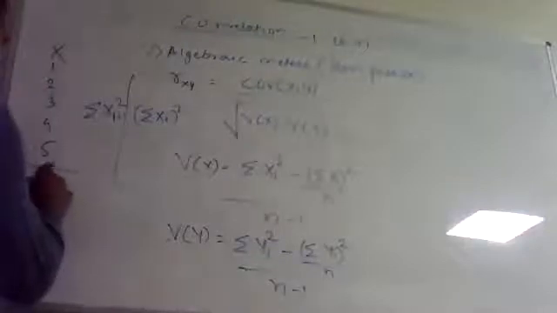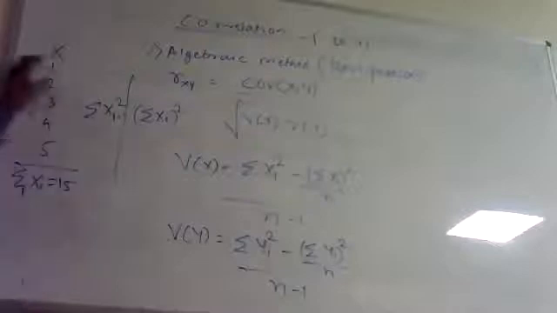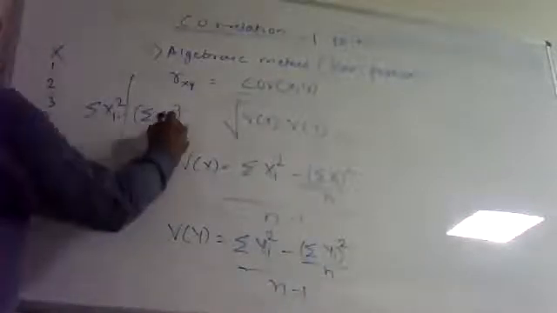Now, the total of this is the summation of xi. 1 plus 2 plus 3 plus 4 plus 5 is 15. This is the summation xi, and its square is 225.